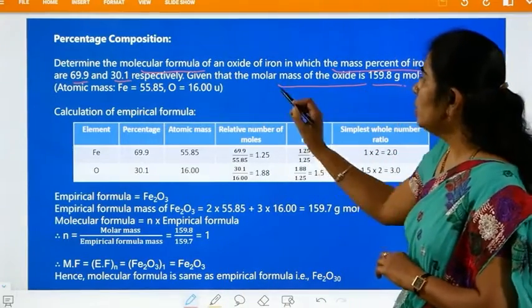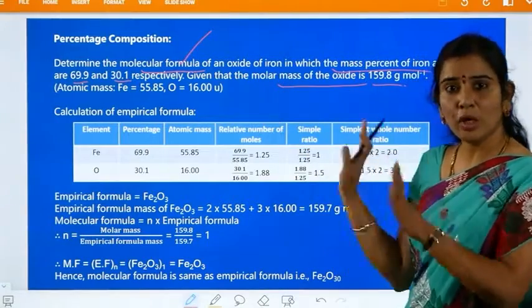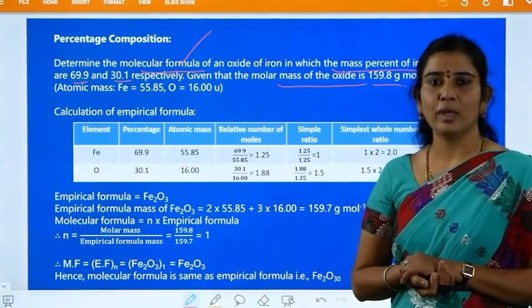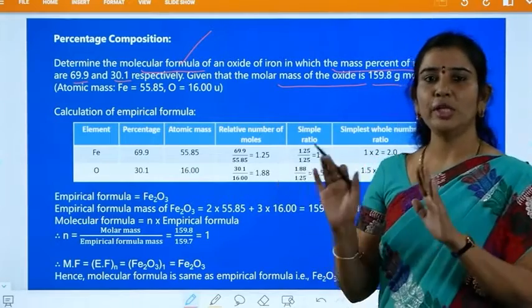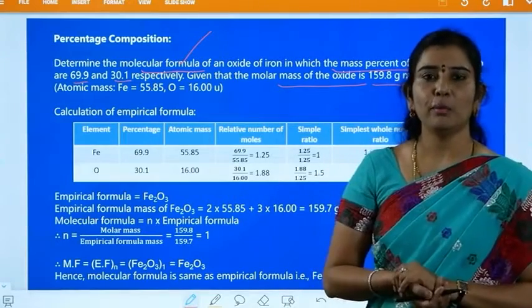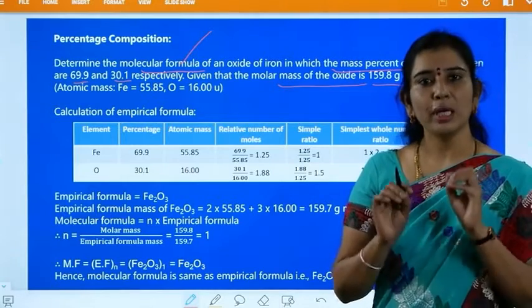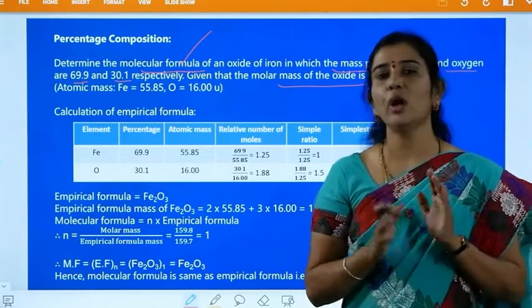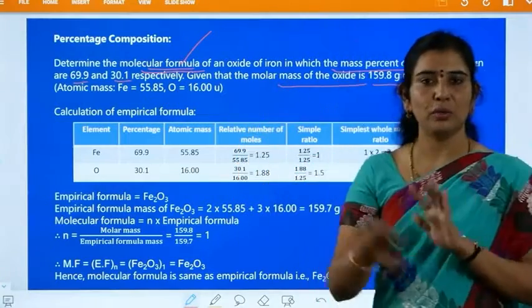So, here you have to calculate the molecular formula. Here they have not mentioned the empirical formula, but you should not get confused. Though it is not mentioned, it is very essential to calculate the empirical formula first. Without the empirical formula, you can't frame the molecular formula.